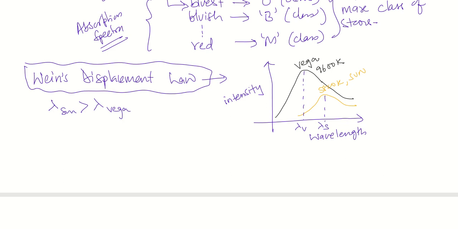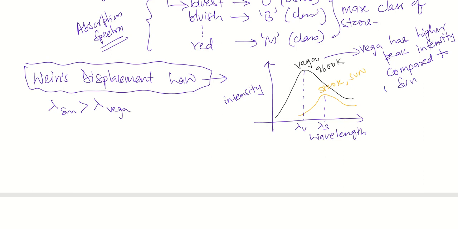Now Vega has higher peak intensity compared to the Sun. That may be because it is much hotter. We have also seen that wavelength is inversely proportional to temperature.